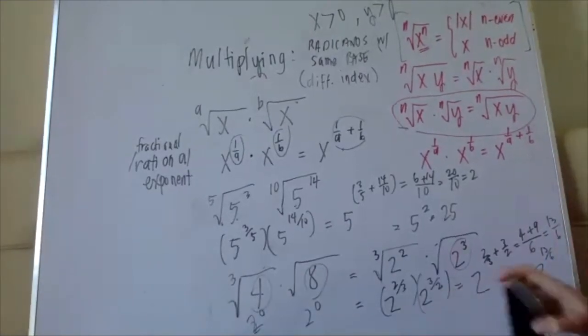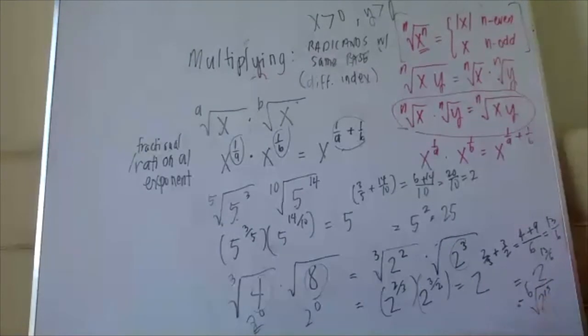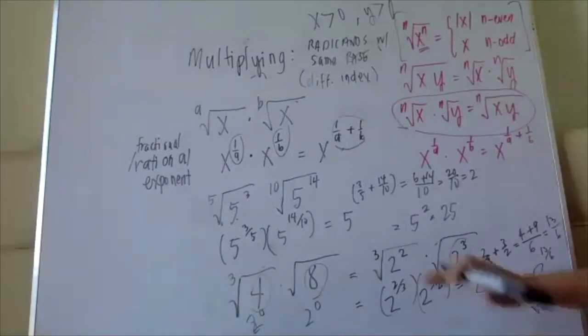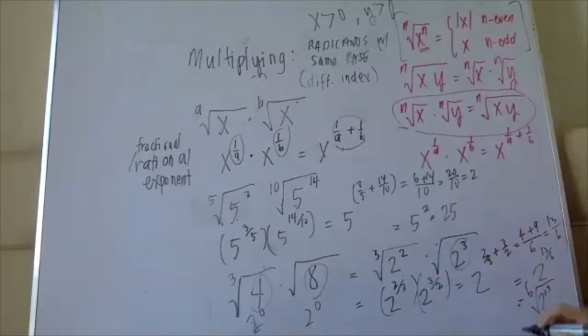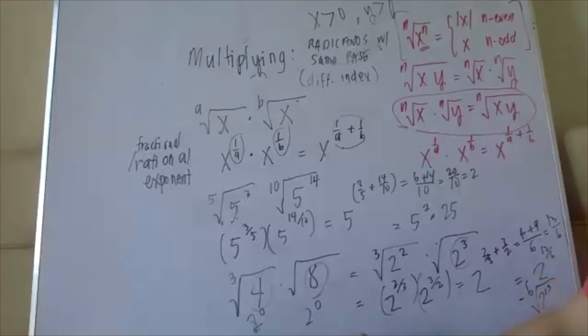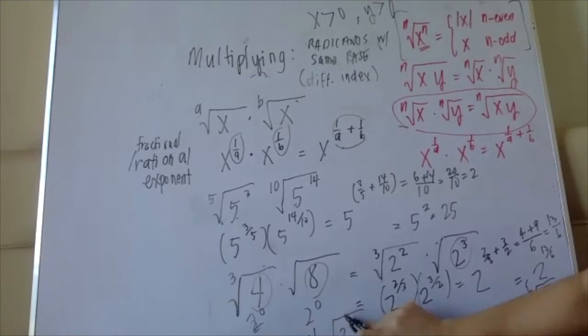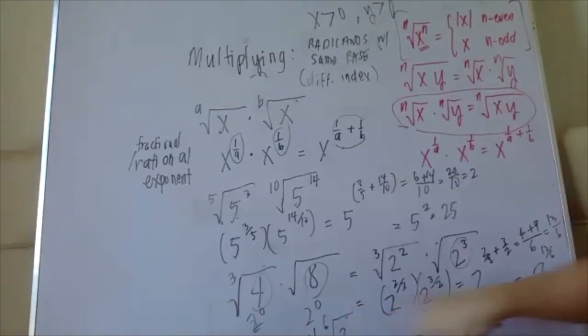Para magtatanong kayo, lalabas ba yung ganyan? Hindi. Gusto ko lang i-point out kung paano kayo magmamanipulate. Like, not necessarily ito yung lalabas, pero I'm just saying na pwede mo siyang gawin kasi depende sa choices eh. So, final answer here is going to be 2 6th root of 2 raised to, mali. 4 6th root of 2.